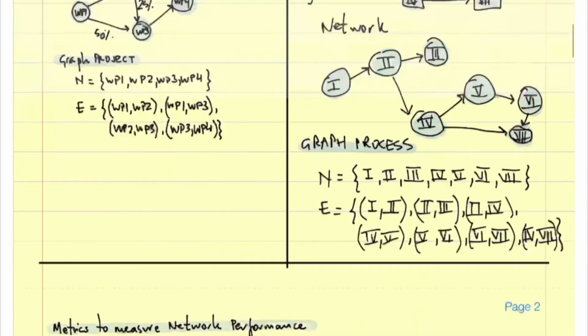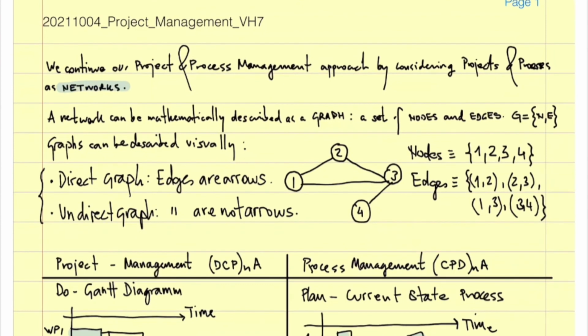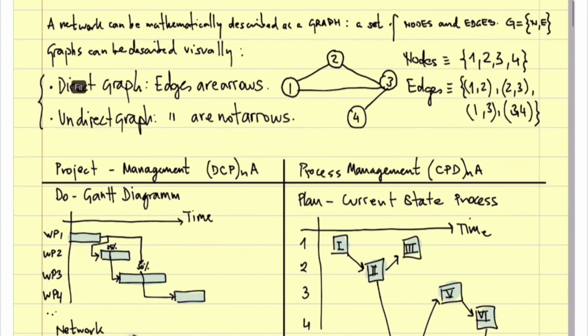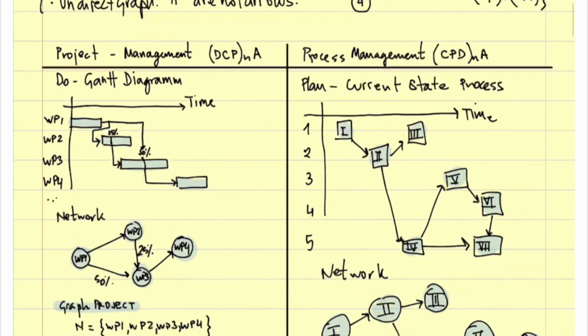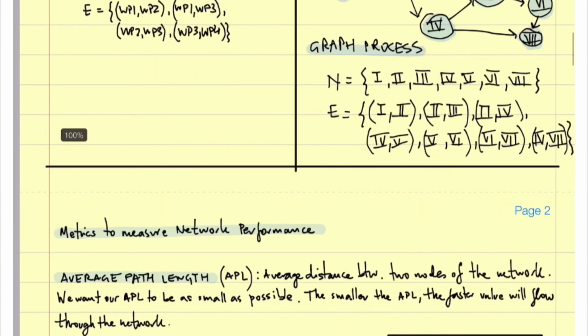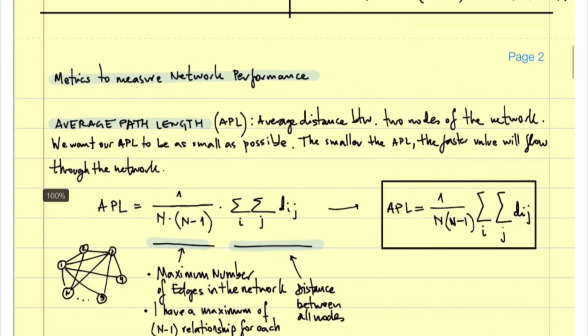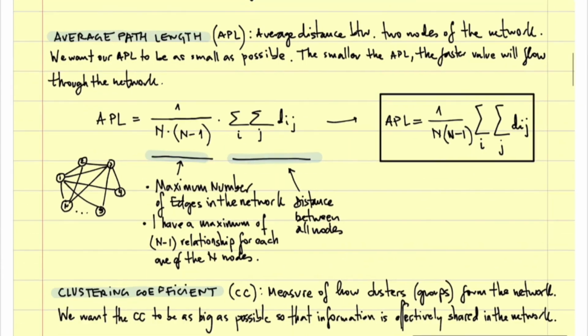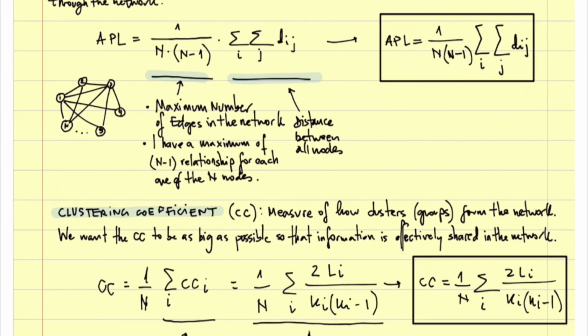We have learned that projects and processes can be described as networks. We have understood how to describe project and process management as networks, as graphs. We have described two metrics to describe network performance: average path length and clustering coefficient.